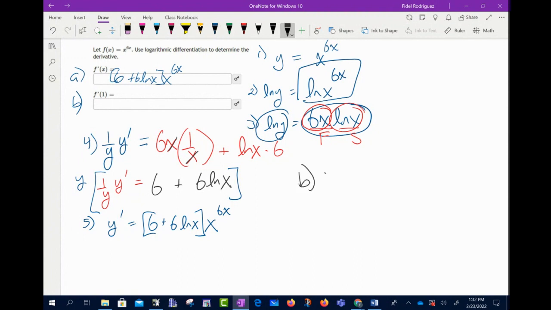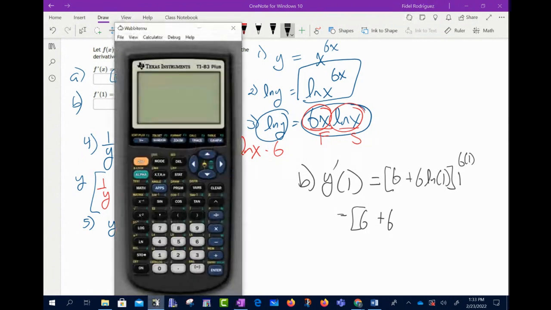So now, if we're going to do part B, and we're going to find the derivative at 1, what does that mean we're going to do? Substitute in 1, right? Okay, let's do it. So 6 plus 6 times the natural log of 1 times 1 to the power 6 times 1. We'll go real slow here. I'm going to grab my calculator.